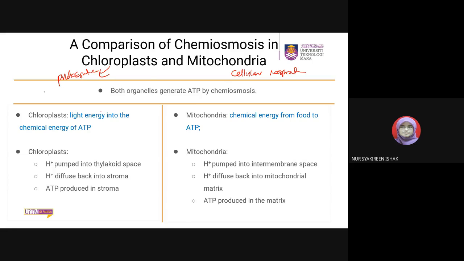Okay, which is to be specific during light reaction. Calvin cycle tak melibatkan chemiosmosis. So both organelles generate ATP by chemiosmosis. Ini adalah similarity.